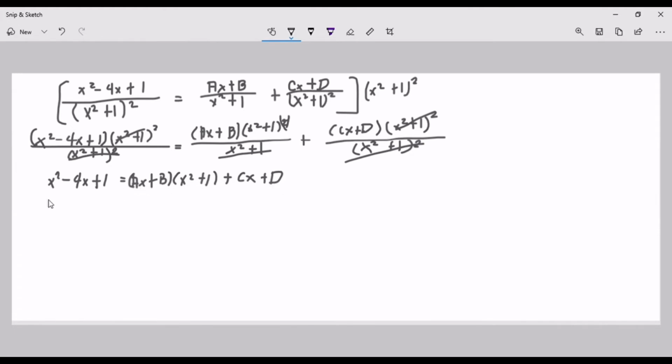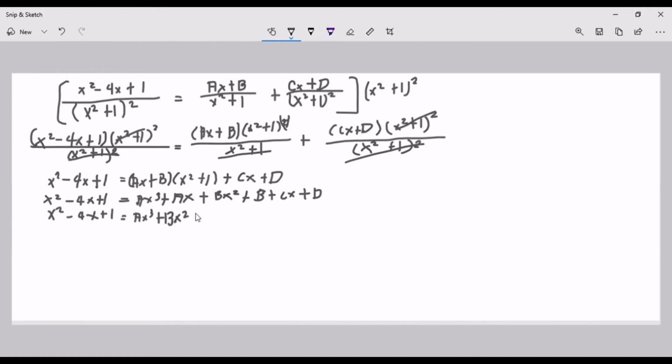Then let us expand ax plus b times x squared plus 1 using the long method of multiplication of polynomials. That would be ax cubed plus ax plus bx squared plus b, plus just copy the cx plus d. Then let us combine like terms. Just copy the left side of the equation, x squared minus 4x plus 1, and then combine like terms on the right side of the equation.